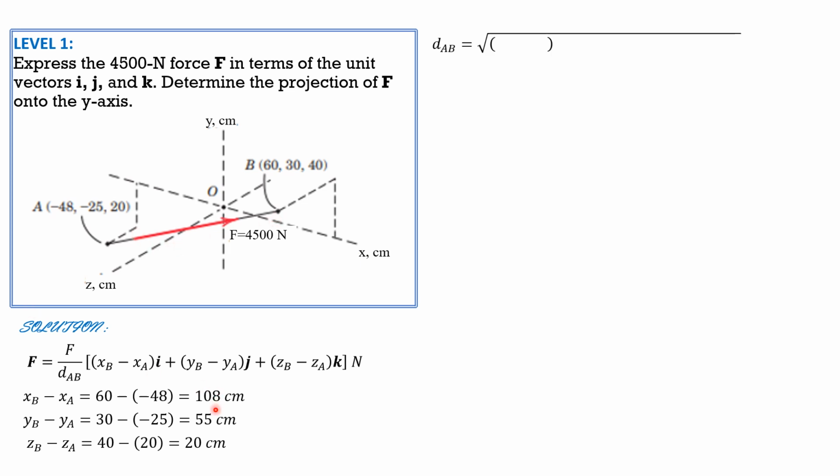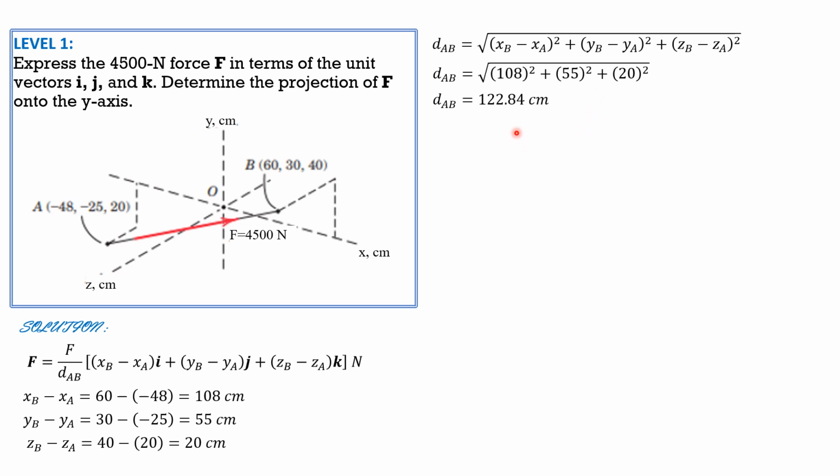Distance AB therefore is square root of 108 squared plus 55 squared plus 20 squared. So distance AB is equal to 122.84 centimeters.